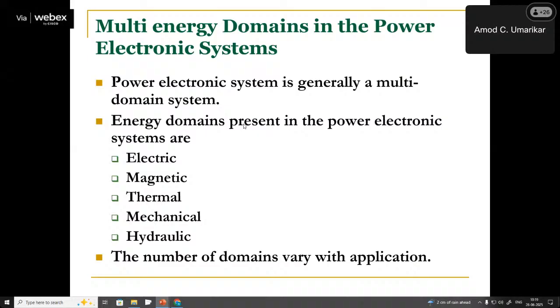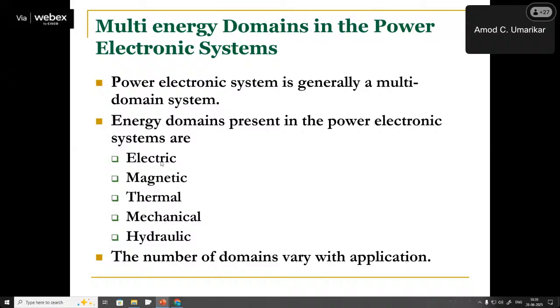So as we can see, a power electronic system is a multi-domain system, a multi-energy domain system. I have used this word specifically, multi-energy domain. So what is a power electronic system? It consists of electric, magnetic, thermal, mechanical, and hydraulic domains. Hydraulic, why is it coming? Sometimes in a drive application, let's say a hydraulic drive or pumping system, or a mechanical drive system.